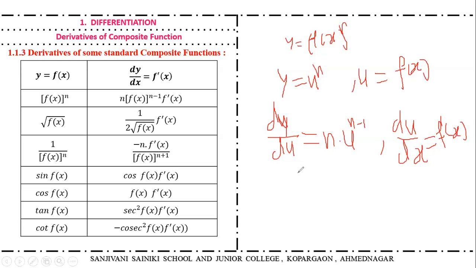So what does the chain rule tell us? dy by dx is equal to this into this. So n times u raised to n minus 1 into f dash of x. But u is f of x, so you get n times f of x raised to n minus 1 into f dash of x. In this way, you can prove all these formulae.